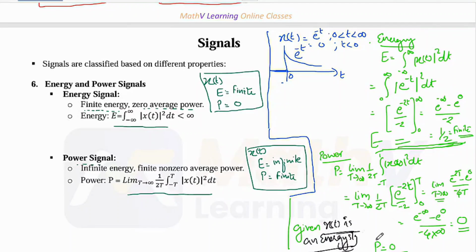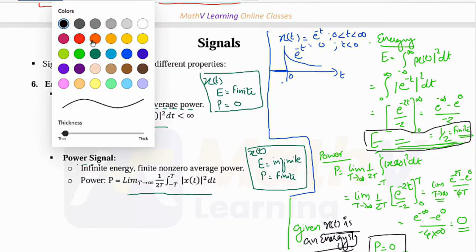Because power equals 0 and energy is finite. Okay, so this is how we determine whether a signal is an energy signal or a power signal. Okay, similarly for a power signal, let us see an example.